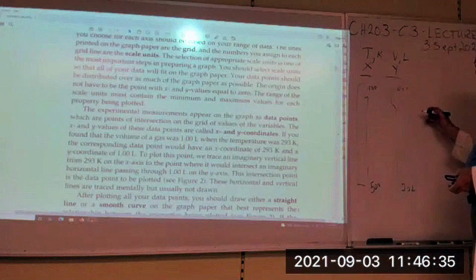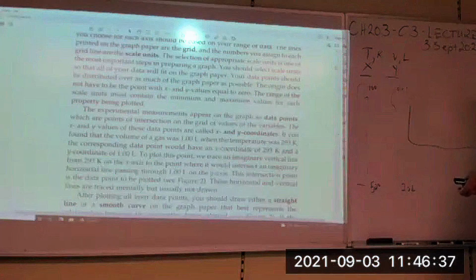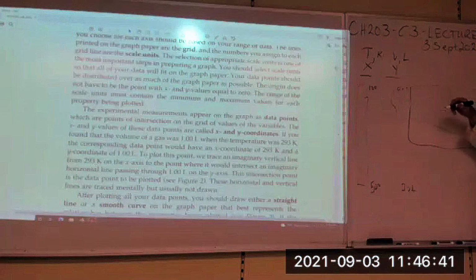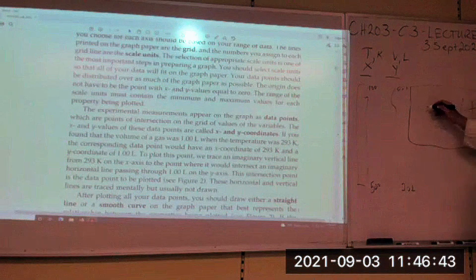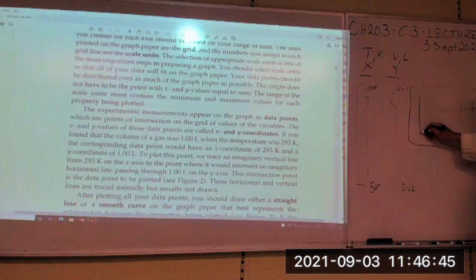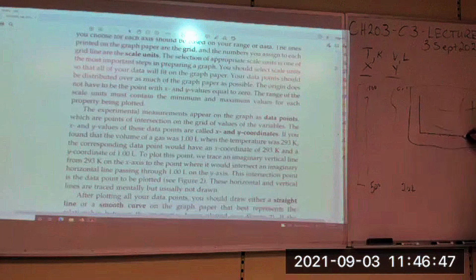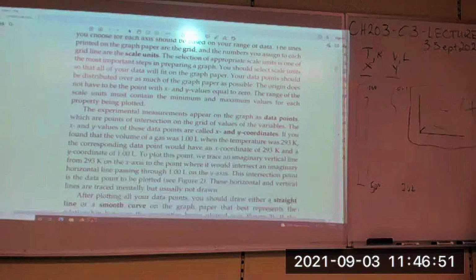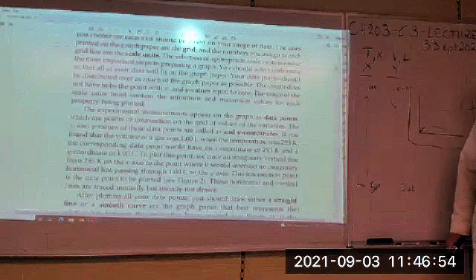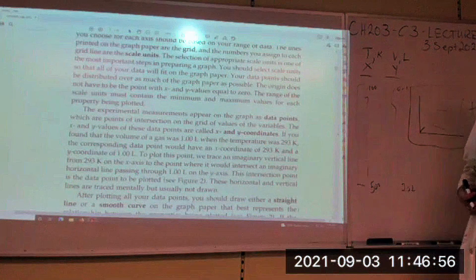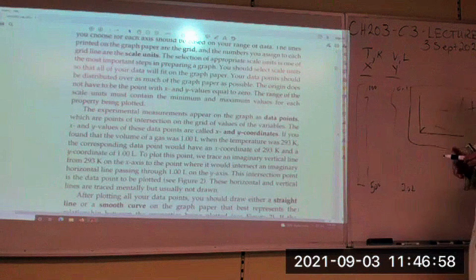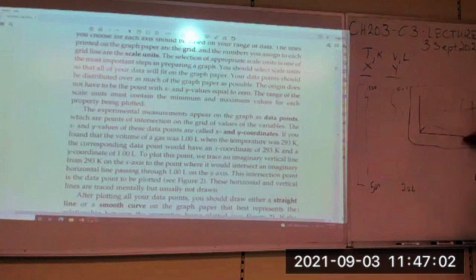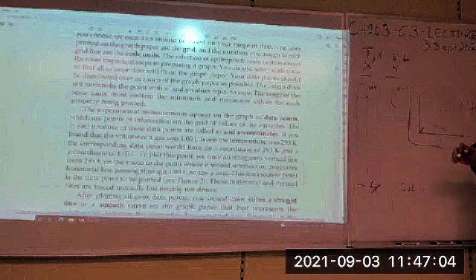Well, what if you had a sheet of graph paper, right, with all the lines here, and you said, okay, here's my y-axis, here's my x-axis, and here are all my data points. What's that going to look like to a reader? It's going to look like you just graduated from kindergarten. You want to use the entire length of the paper.